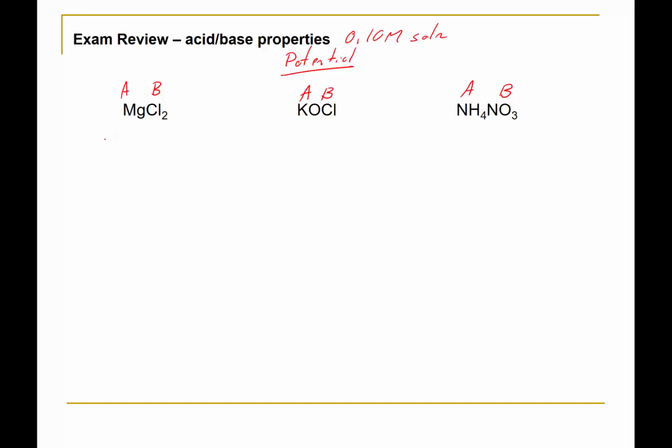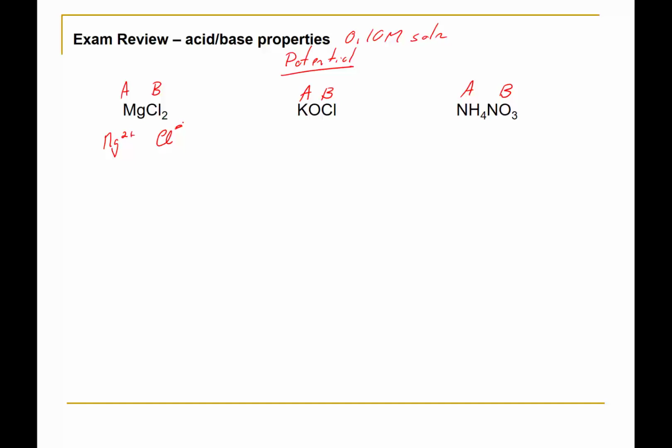Okay, so let's take a look at the magnesium chloride. So we've got magnesium ions and we have chloride ions. Now, it is very important for you to remember your chart of the super 6 strong acids and your strong bases. That is the alkali metal hydroxides and the alkaline earth metal hydroxides.